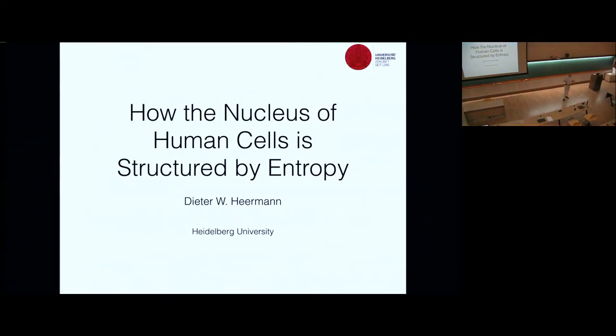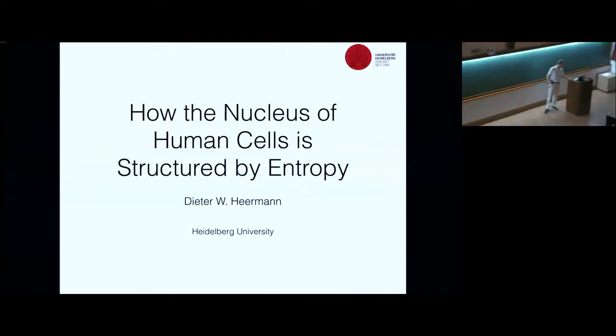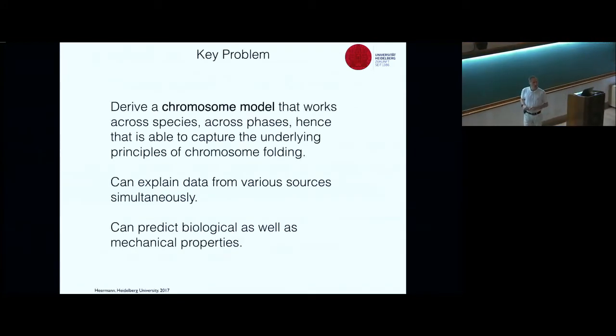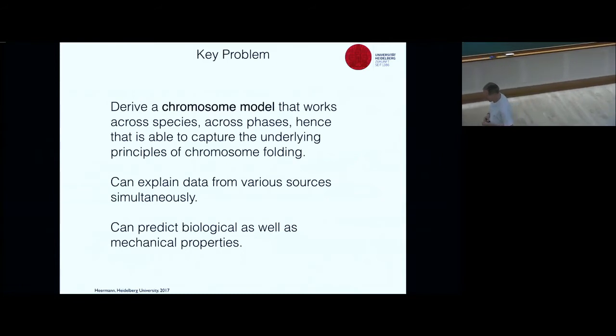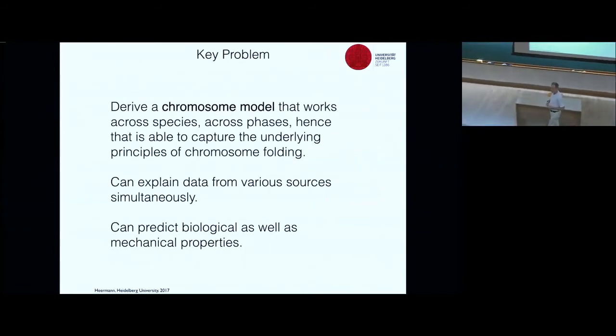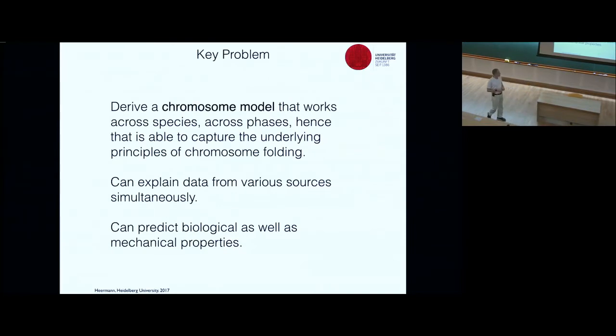And what I'm going to convince you, hopefully, is that we have a view which takes us across species. We want to come up with a model which works not only for human chromosomes, but also for prokaryotes. That is what we are striving for.